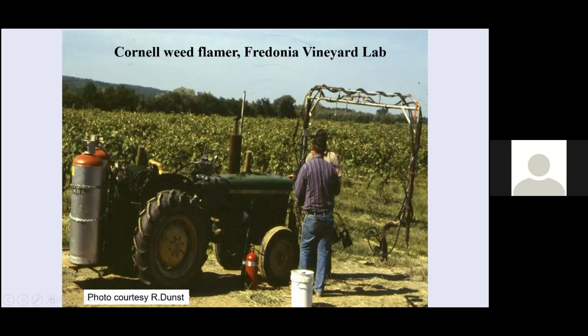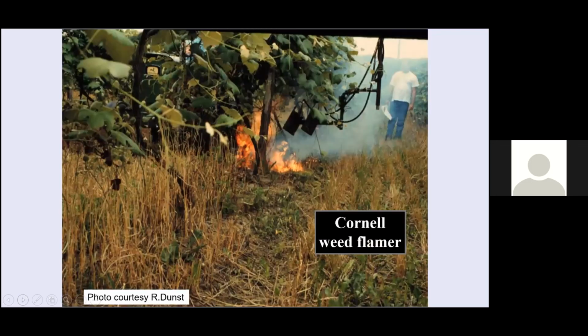And here are just a few more fun alternative systems. Here we have the Cornell Weed Flamer. So how'd you like to drive around with a couple of nice propane tanks on the back of your tractor? Not me, thank you. But this was back in the days when they were trying to explore other systems.